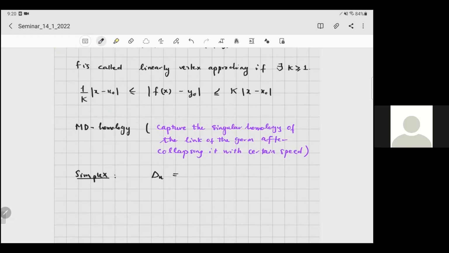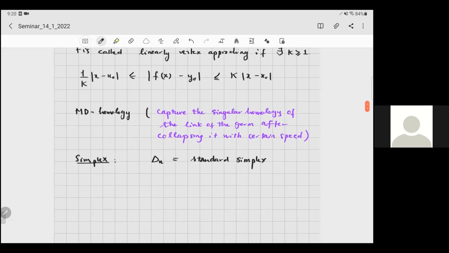We have Δn, the standard simplex in R^n, and because I want to capture the homology of the link, I have to denote another notion, the Δn hat.